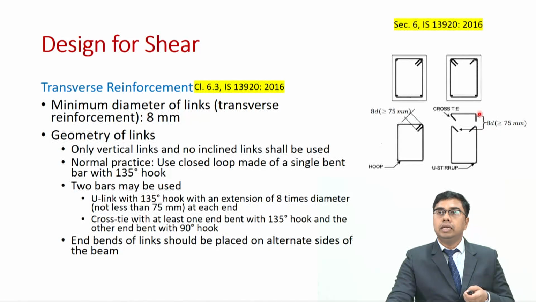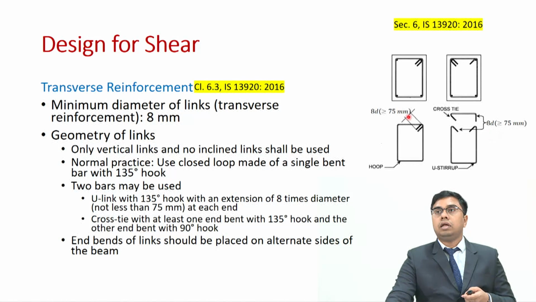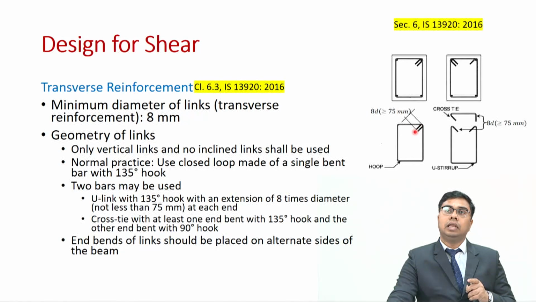Again, the length of these bent bars has to be at least 8 times of the bar diameter, which means if you are using a 8 mm stirrup, then the length of this extension shall be at least 8 times of it, that is 64 millimeters, but never less than 75 millimeters. So, it has to be at least 75 millimeters. If it is a 10 millimeter stirrup, then you can go ahead with at least 80 mm of this length of the bend.